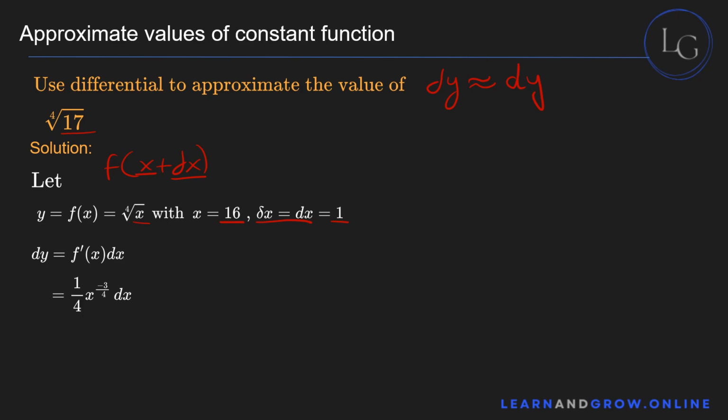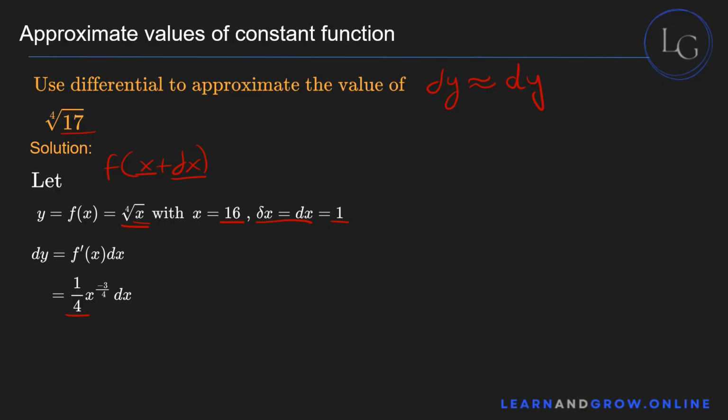So since we've let x be equal to 16, dy is equal to f prime of x into dx, and since f of x was equal to the fourth root of x, once you apply the power rule on this, you get 1 by 4 as the coefficient, and we'll subtract 1 from the actual power.